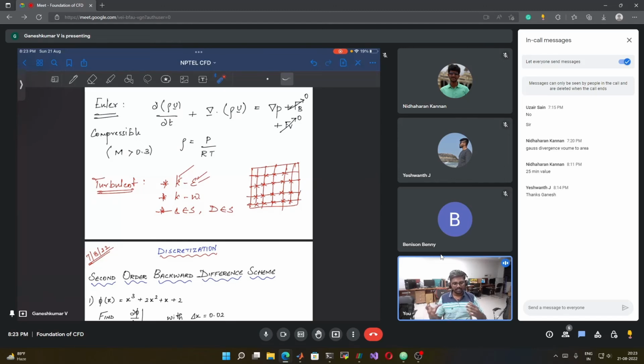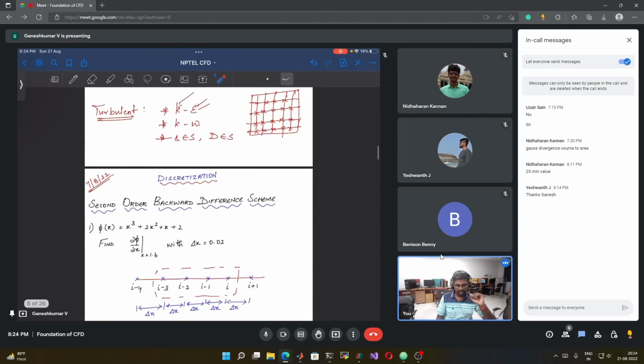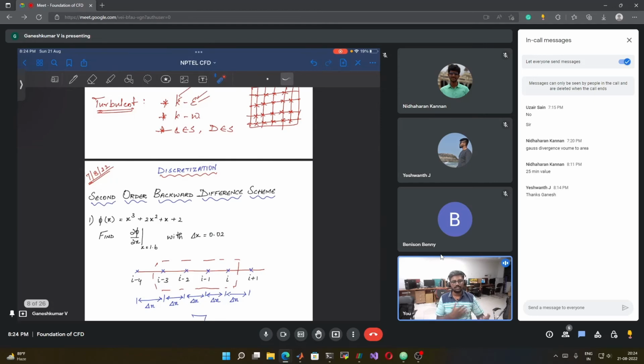So you are converting a PDE into a system of linear algebraic equations, but that system depends only on these nodes, and these nodes are your areas of interest. That's the main aim of discretization, and how you do it is using Taylor series approximation. You are essentially approximating each and every term of the equation.